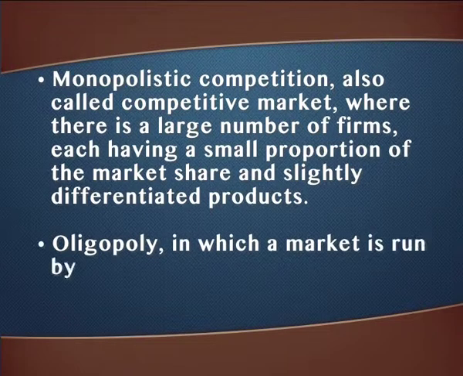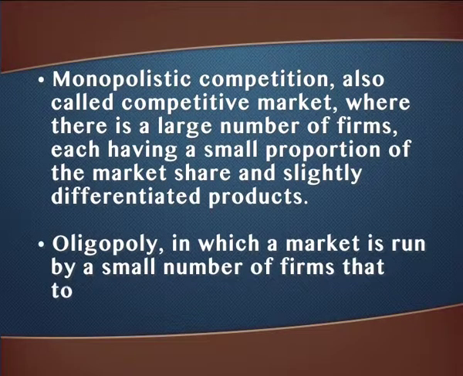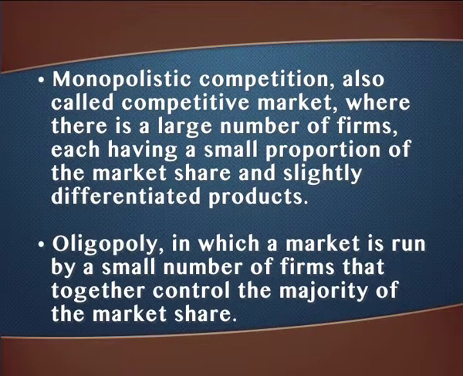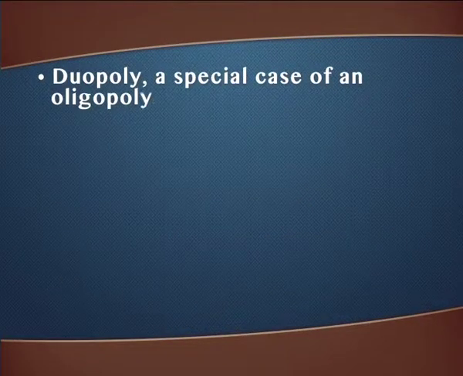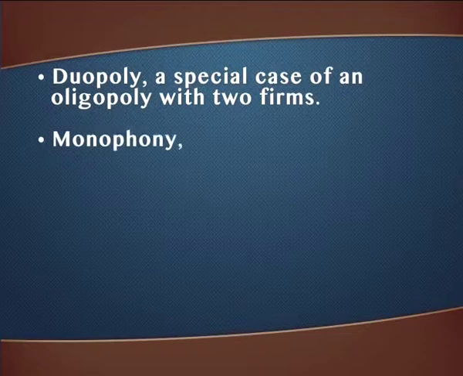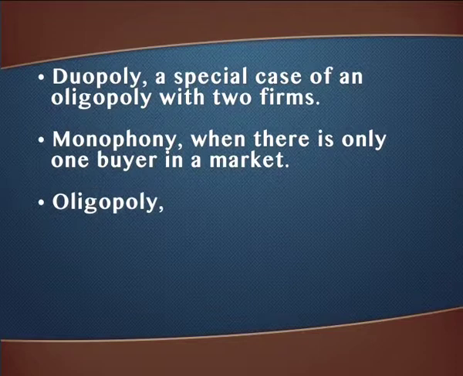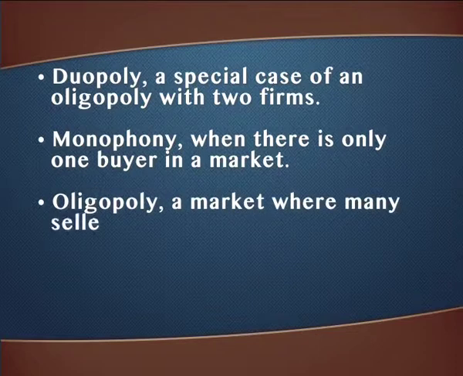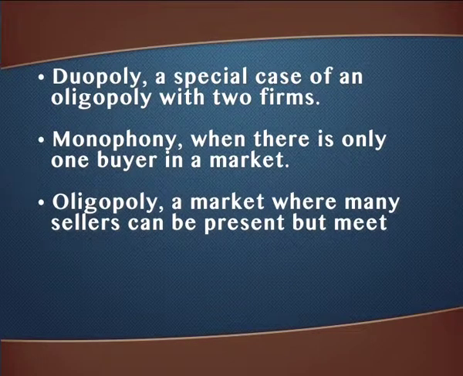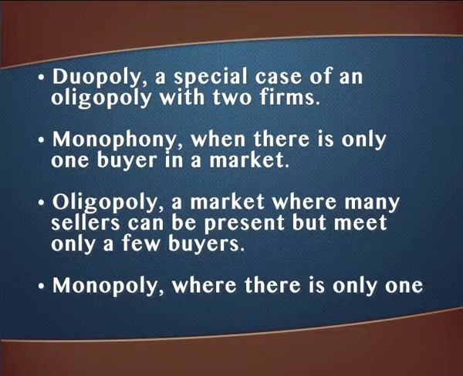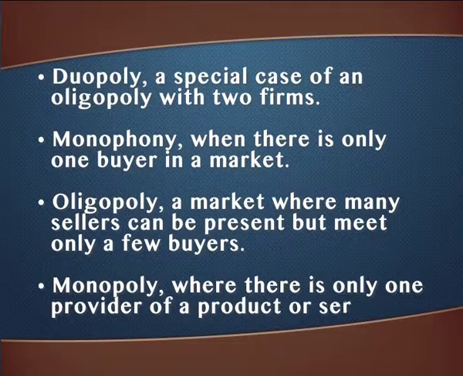Oligopoly, in which a market is run by a small number of firms that together control the majority of the market share. Duopoly, a special case of oligopoly with two firms. Monopsony, when there is only one buyer in a market. Oligopsony, a market where many sellers can be present but meet only a few buyers. Monopoly, where there is only one provider of a product or service.